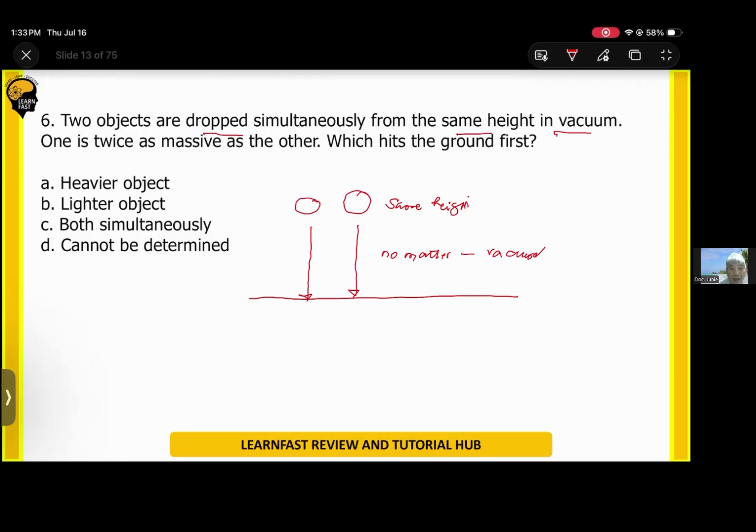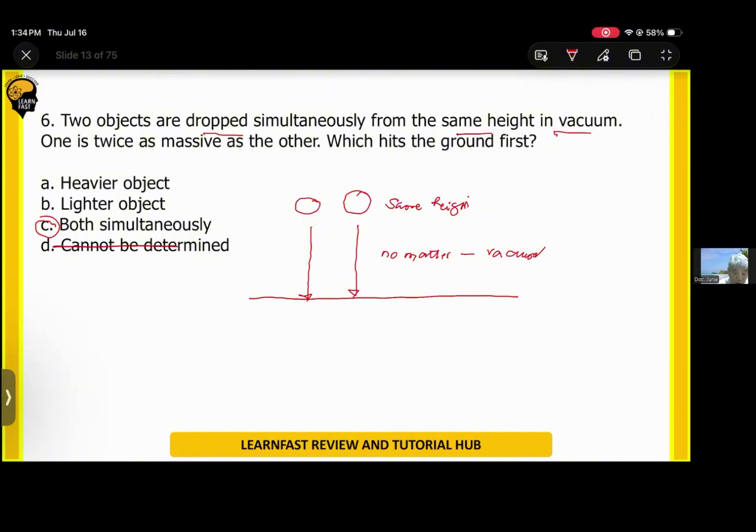So if the question is which of the two objects will hit the ground first, then your answer is letter C, right? Both will reach the ground at the same time. So you never answer an option that says cannot be determined.